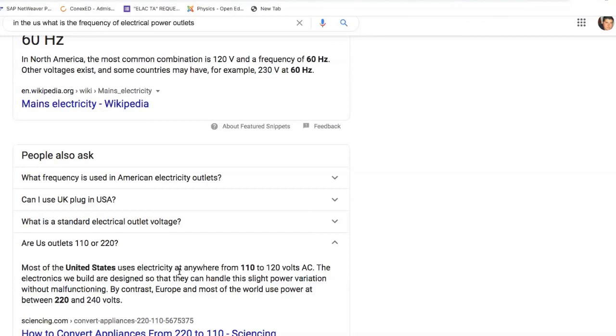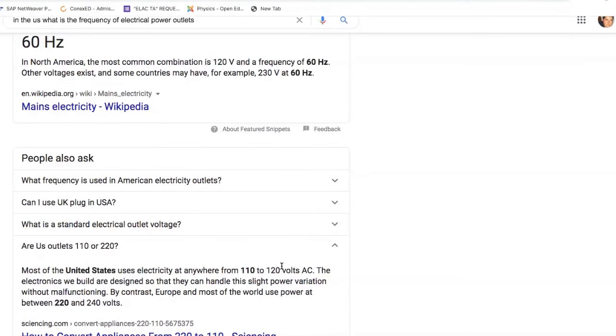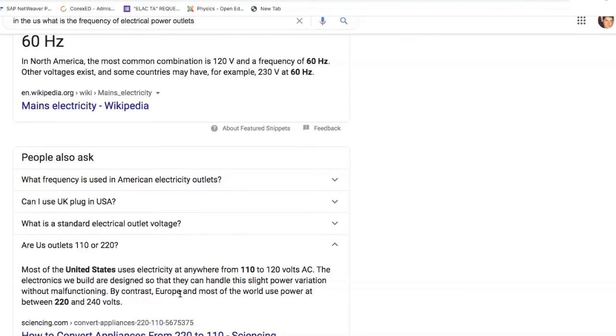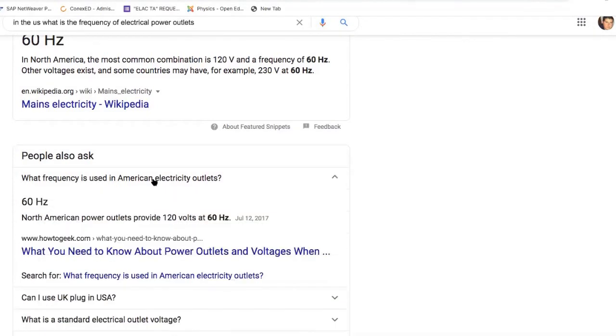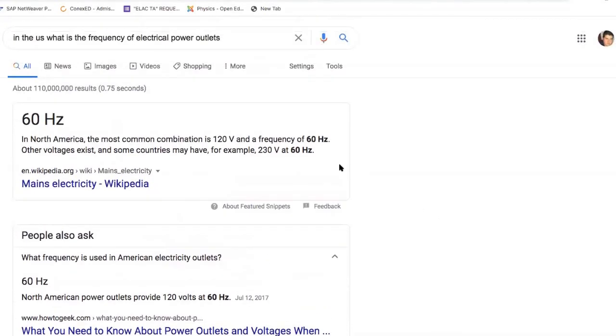Most of the United States uses electricity at anywhere from 110 to 120. The electronics we build are designed so that they can handle the slight power variation without malfunctioning. By contrast, Europe and most of the world uses power at 220 to 240. What frequency is used? 60. How about the other parts of the world?